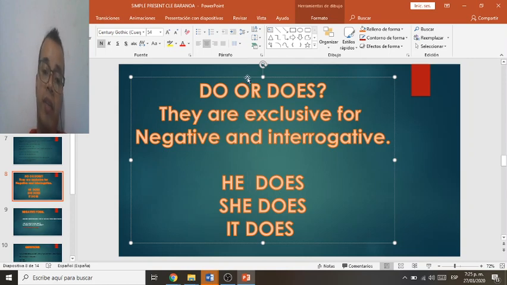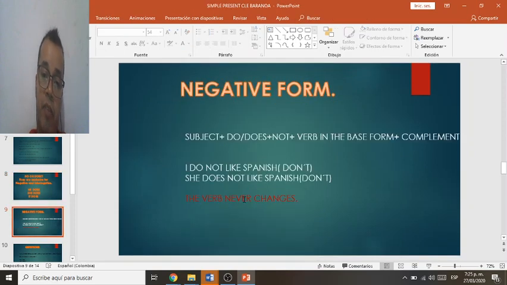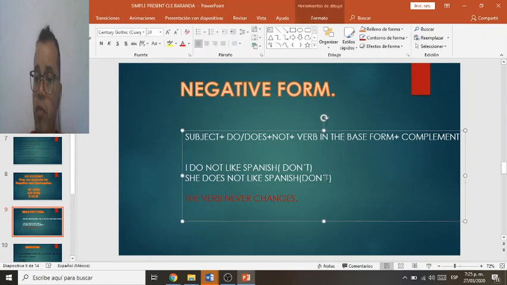El resto va a utilizar do. Negative form, we have the subject, do or does, depending on the case, plus not, plus verb in the base form, plus complement. I do not like Spanish. Do not, contraction, don't. I don't like Spanish. She does not like Spanish, or she don't like Spanish. Possible or not possible?